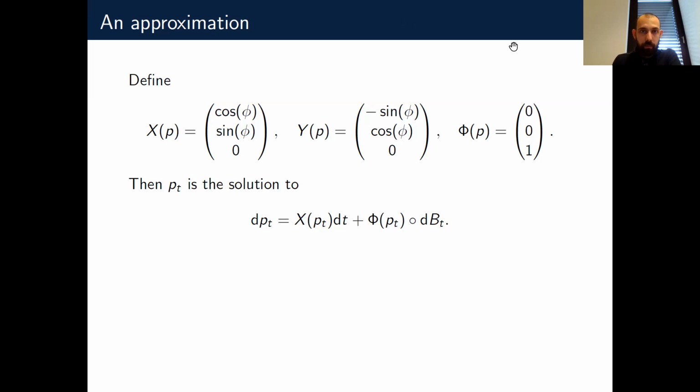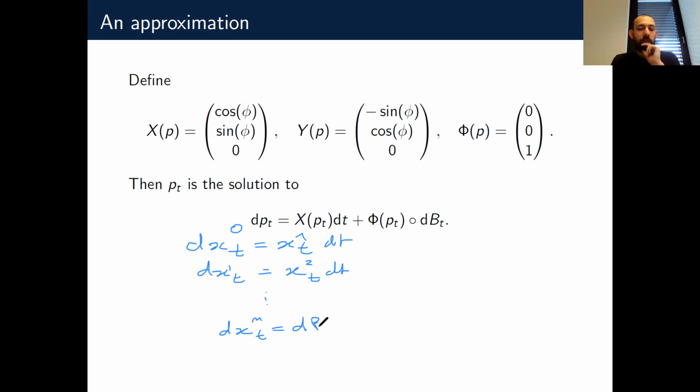So say you're interested in this equation: dx_t^0 is x_t^1 dt, dx_t^1 is x_t^2 dt, and you go all the way up to x^n, where x^n_t is a Brownian motion at this point, right?